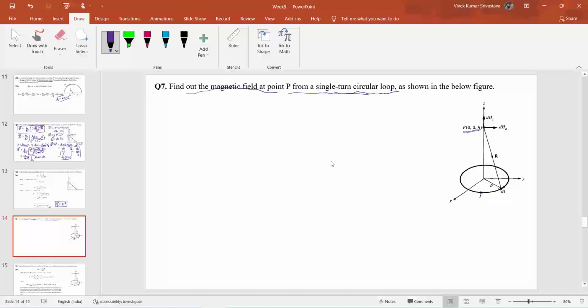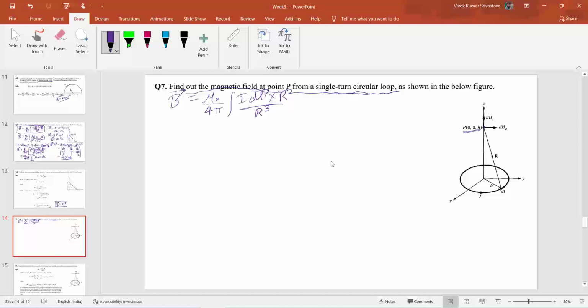So how much magnetic field is generated by this current loop, that we have to determine at this point. We have to use the same Biot-Savart law to determine how much magnetic field is generated by this single turn current carrying loop. Okay, dl cross vector r over r cube.